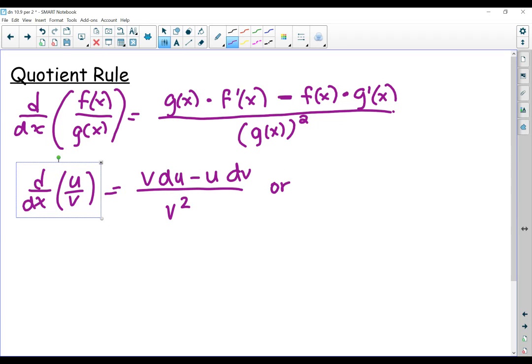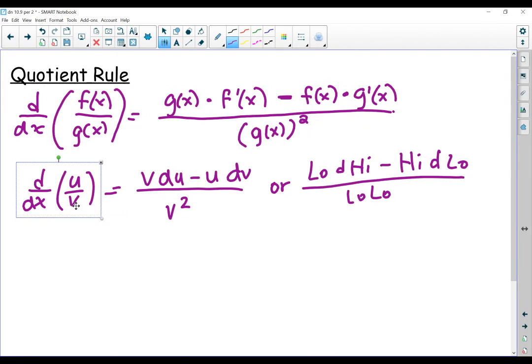When I'm memorizing this rule, I did it this way: low d high minus high d low all over low low. So you start with the low function times the high function's derivative, minus the high function times the low derivative, all over the low times the low. That's the way I studied it and learned it.